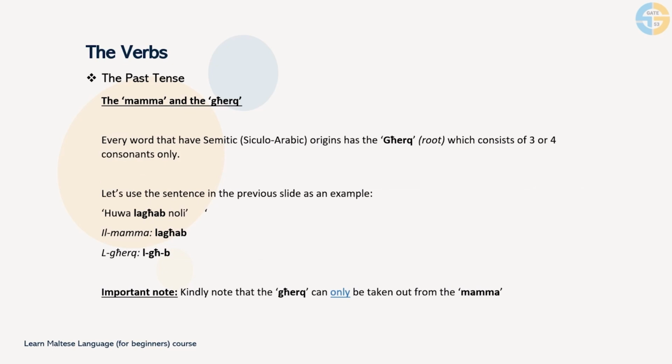Every word that has Semitic origins has the għerq, and this is important as well. The mamma and the għerq are very important. The għerq, which means root in English, consists of 3 or 4 consonants only.